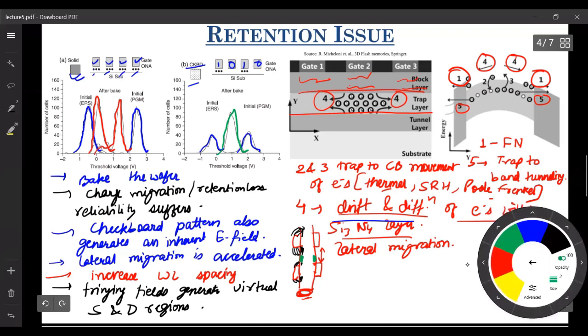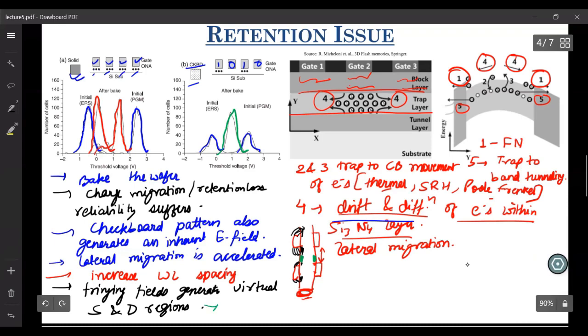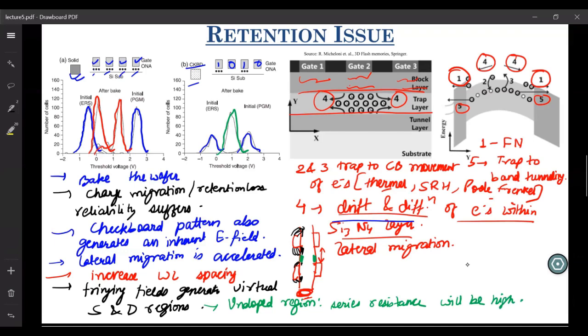Because of that undoped region, your series resistance will be high, and because of this high series resistance, again your string current reduces, and it is detrimental for your sense amplifier. So even this is not a very feasible solution, increasing word line spacing in order to mitigate this lateral migration.